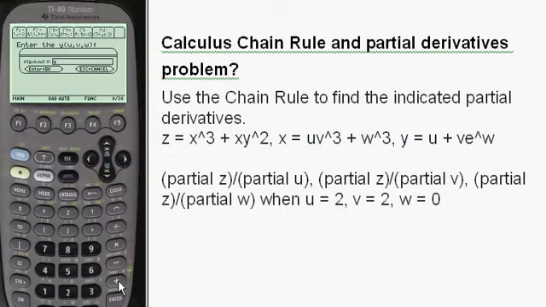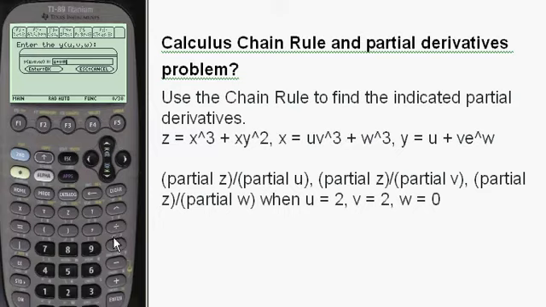And we're going to go plus. And then V. Where's V? Let me see on my calculator here. V is the O. Whoops. Press alpha again. There's V.